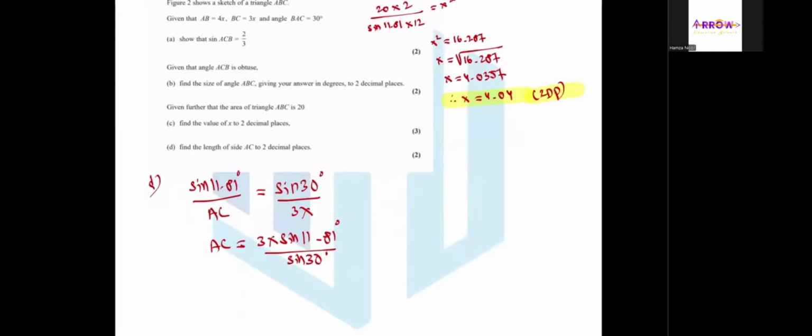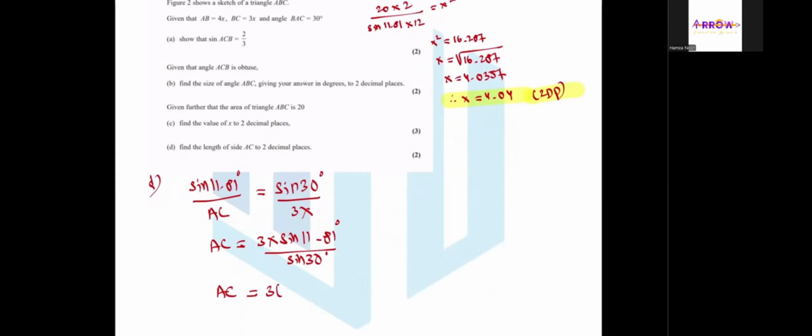That's perfectly fine. So I'm just going to solve this. AC length is equal to 3x multiplied by sine 11.81 degrees divided by sine 30, and I'm going to use the value of x which I found in part C.